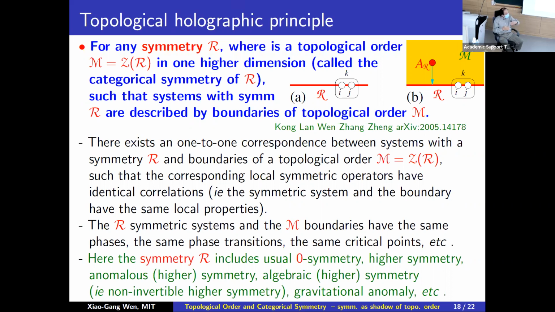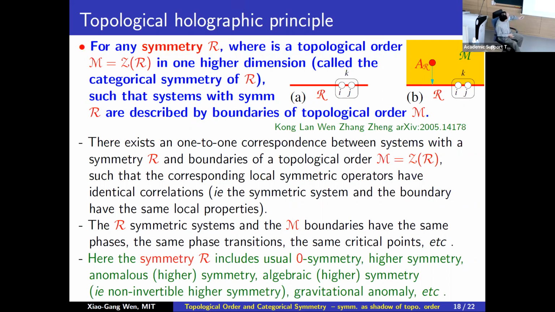But once I make this restriction, the correspondence is identical. A local symmetric operator in the system corresponds to a certain boundary operator in the topological order, and those corresponding operators have the same correlation function. So naively, you can summarize this as: the local property is identical, but the global sectors may not be. Usually the system has more non-trivial global sectors, but the local property is the same.